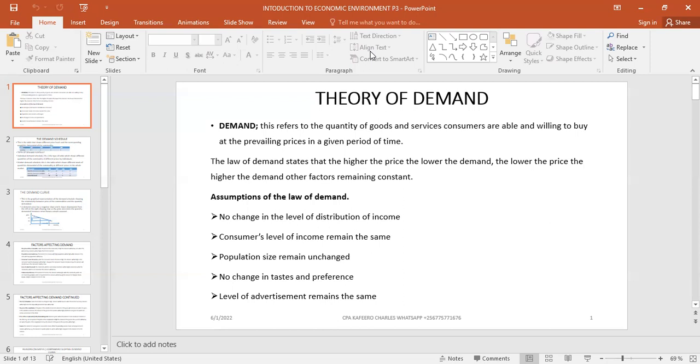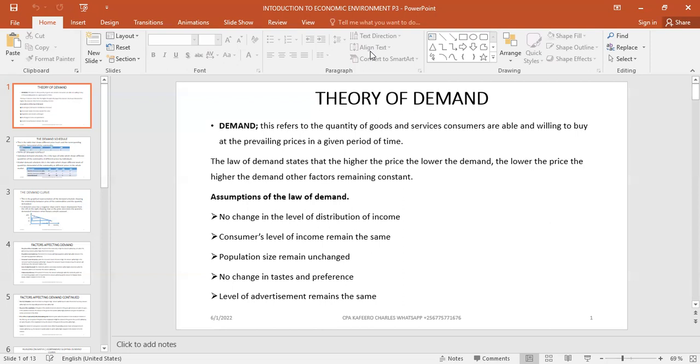We expect that people's tastes and preferences should remain the same without changing, so that the theory can be applicable. We expect that the level of advertisement shouldn't change. It should be the same all the time for this law to be applicable.